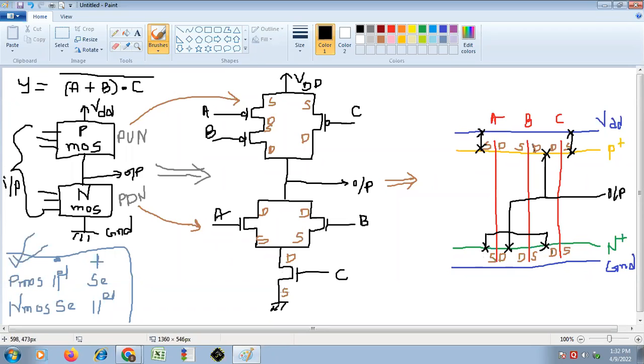Now what remains? We have to connect this source of C to the ground.